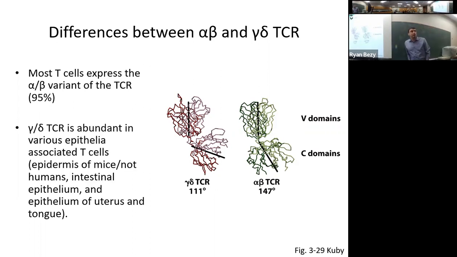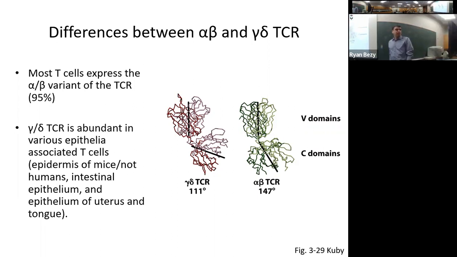Gamma delta T cells tend to be abundant along epithelial surfaces, so the epidermis, intestinal surfaces and urogenital tract surfaces. So they tend to be particularly abundant along mucosal surfaces.